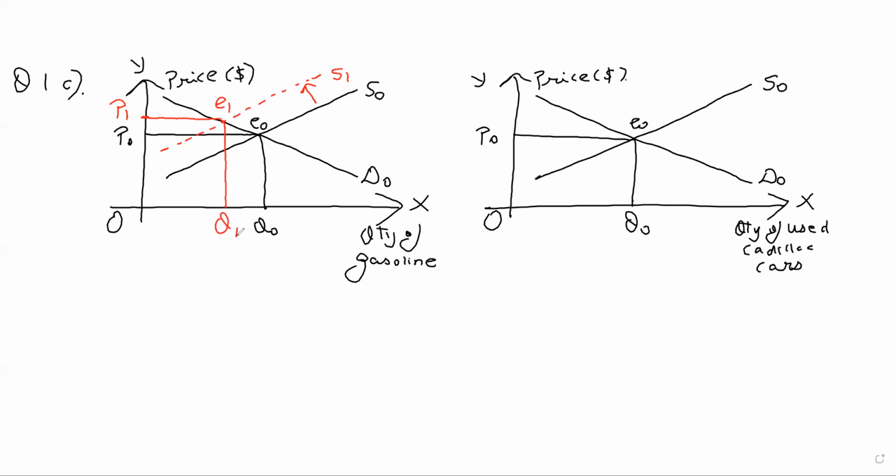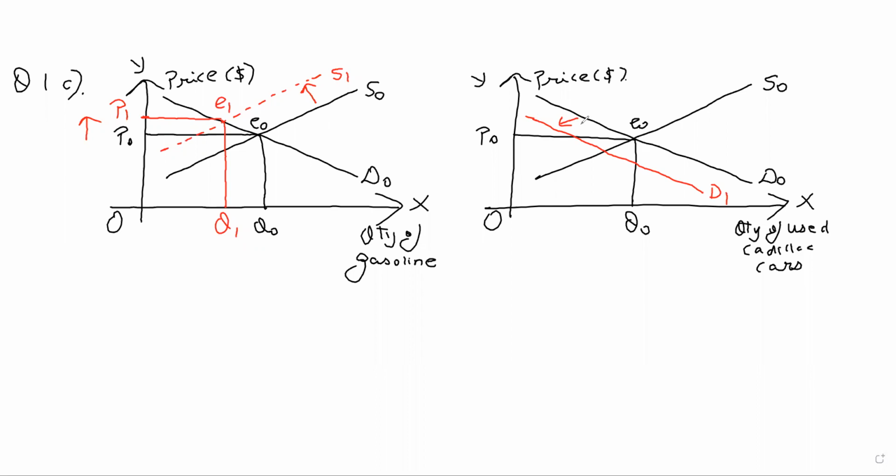Now all of us know gasoline is used in Cadillac cars. So guys, what we can say is that Cadillac cars and gasoline are complements, because gasoline is used in Cadillac cars. So when the price of gasoline has gone up, people will reduce their demand for Cadillac cars.